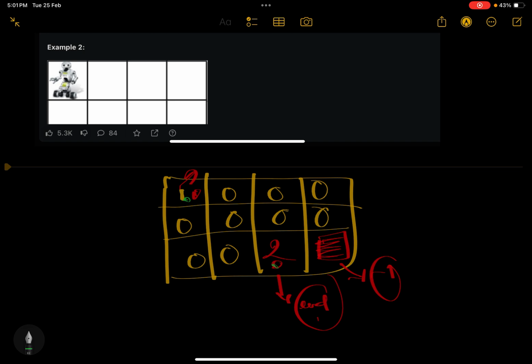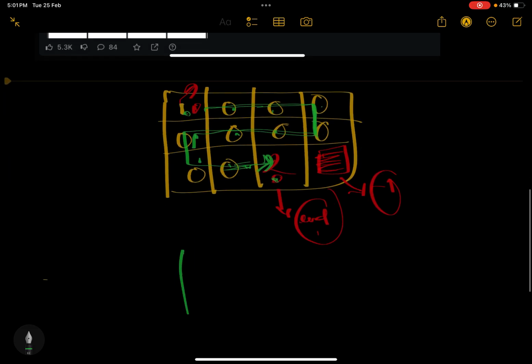You have to go from here to here, and the must condition is that you have to move through all the grid cells which are non-obstacles. So what can the path be? First it will be like this. It will be the first path because you are moving through all the non-obstacle cells, right? And what can the second path be?